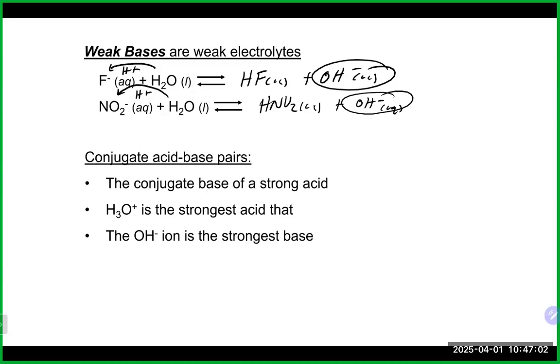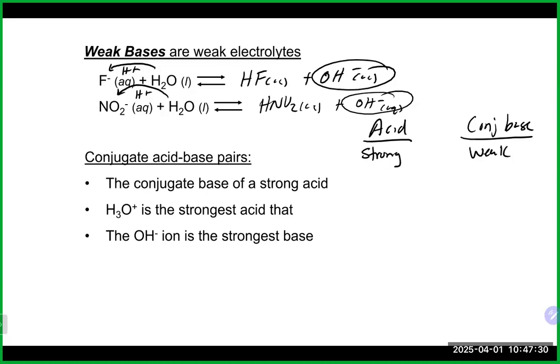So what is the relationship here between our conjugate acid and conjugate base pairs? Well, there is an important relationship that we'll talk about in this chapter as well, which is if you have an acid, it will have a conjugate base. And if that acid is a strong acid, its conjugate base will be considered very weak.